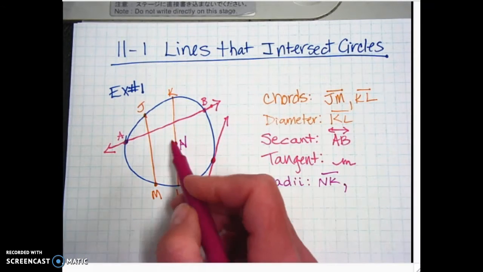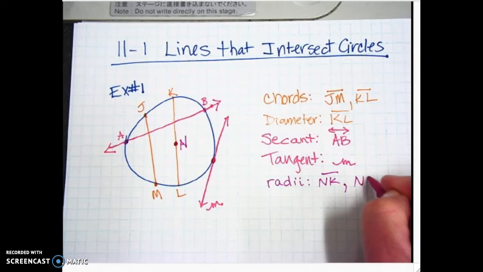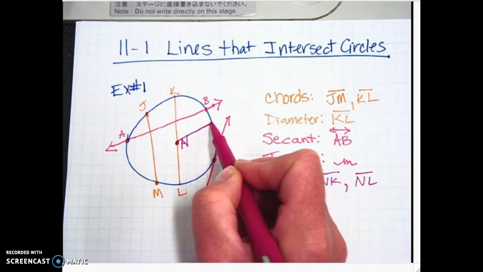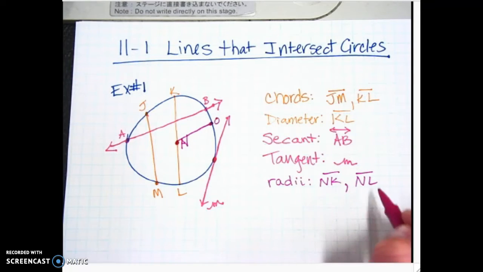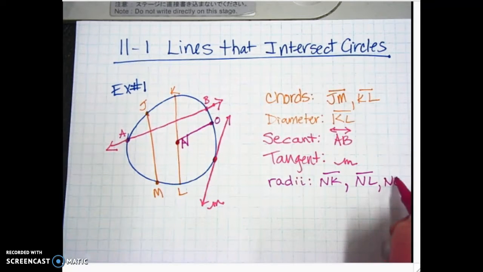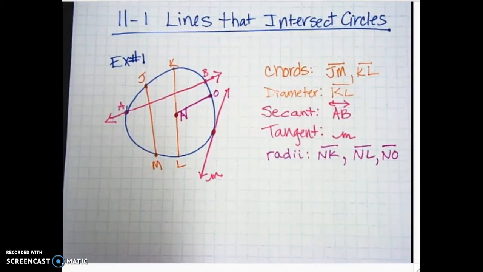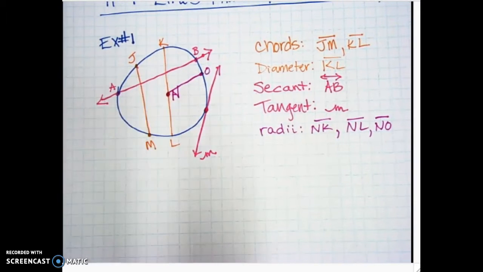We could also go from N to L. We could even draw in another one right here and call it O, so NO. How many radii could I draw in there? A lot. In math, when you get a lot and you could keep doing more, that's called an infinite amount.